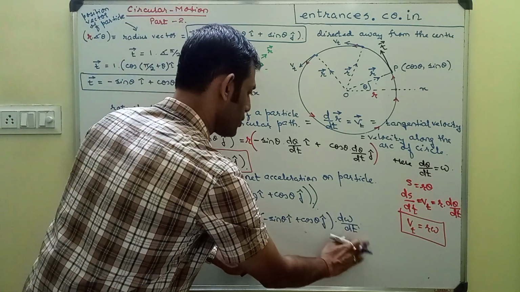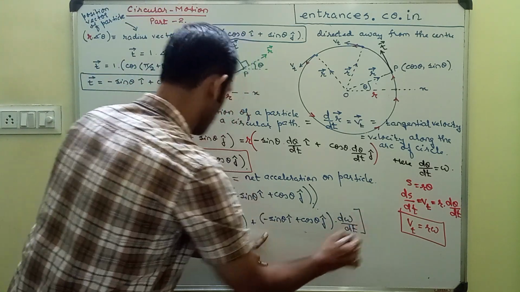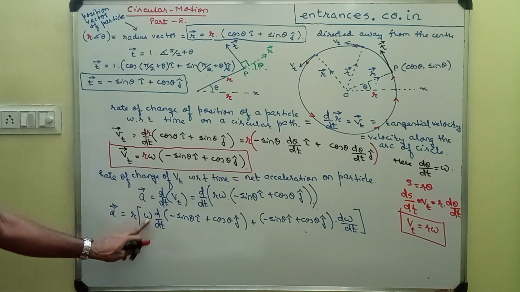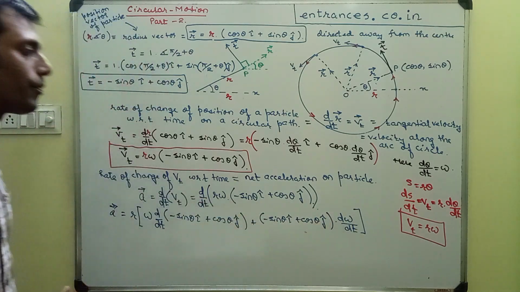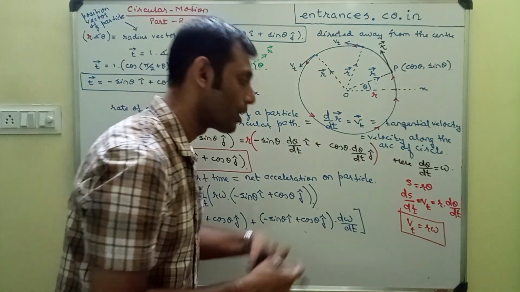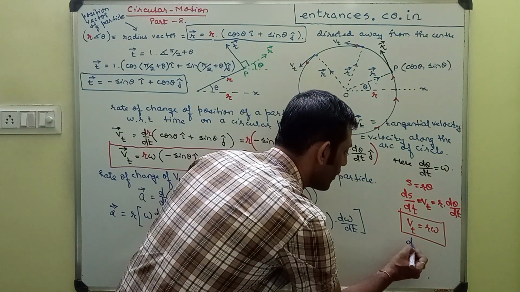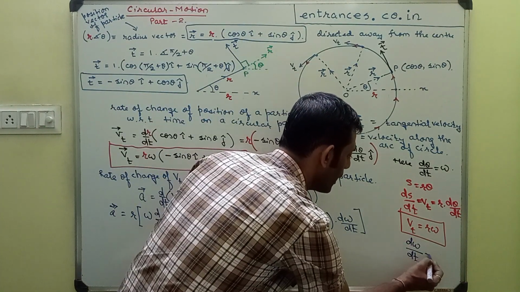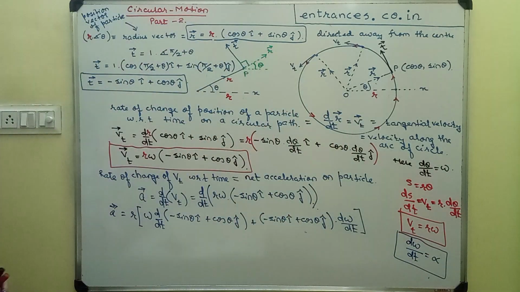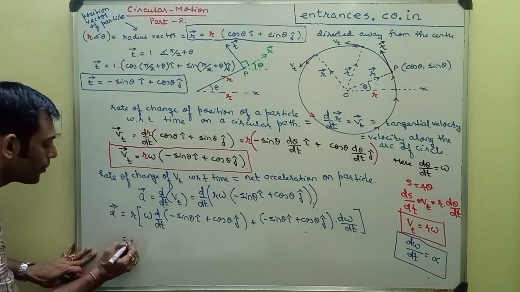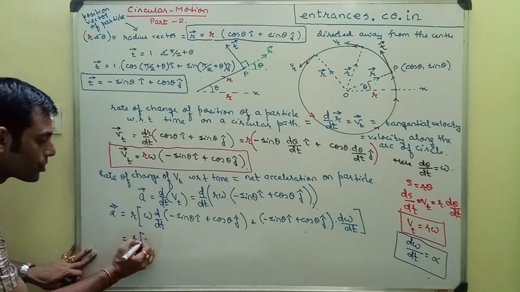Let's finish this off. This is how it goes, which means first factor into derivative of the second plus second factor into derivative of the first. What exactly is d omega by dt? We define d omega by dt as equal to alpha. I hope you remember angular acceleration. Now when we differentiate, what exactly we have is like this.